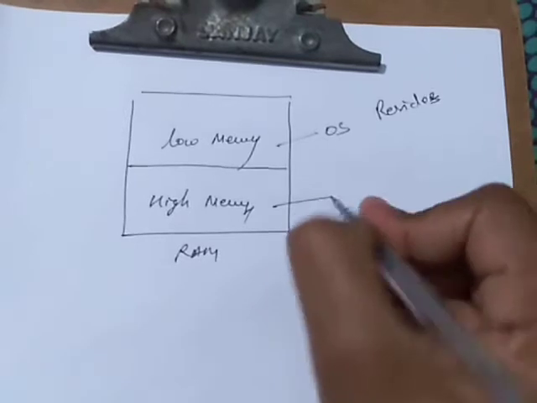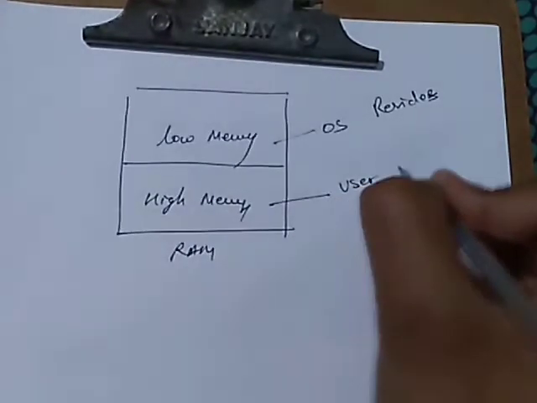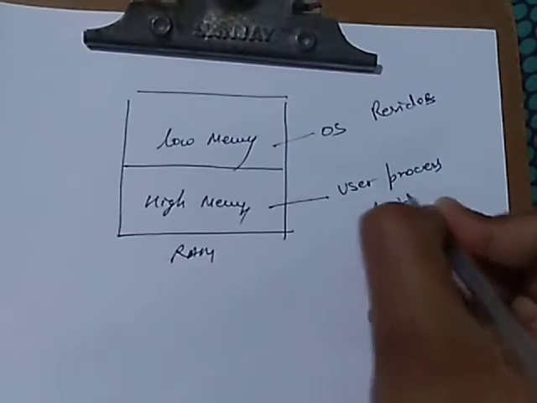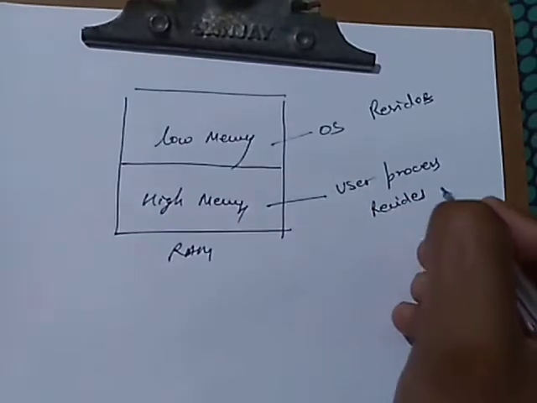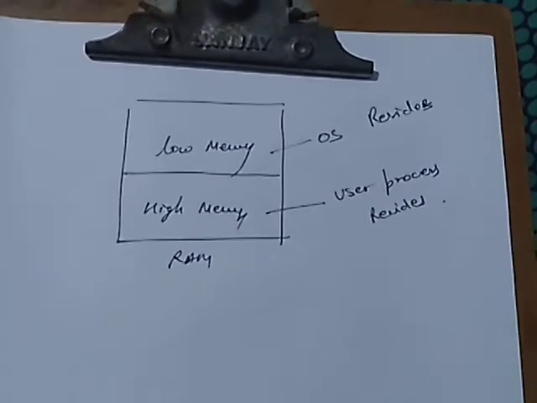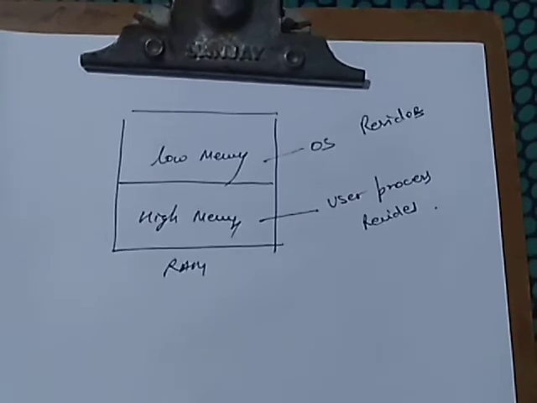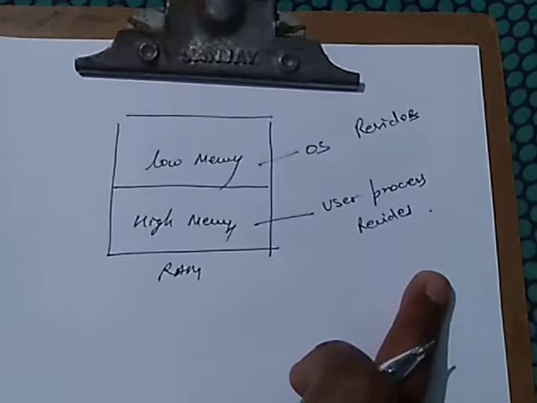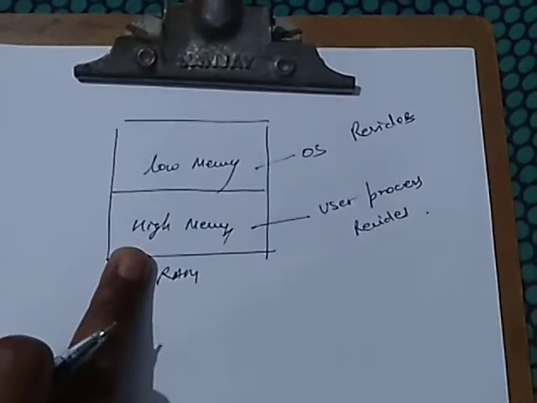In high memory, the user processes reside. So swapping takes place from high memory to hard disk and from hard disk to high memory.